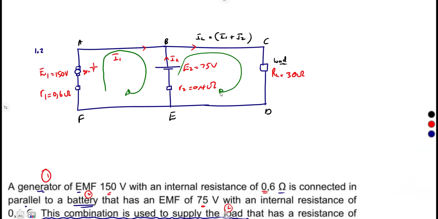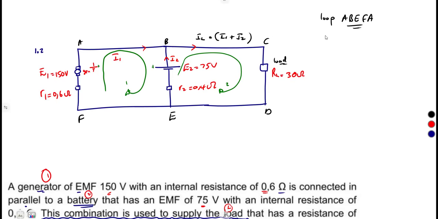So these are the two loops that I'm going to consider, loop 1 and loop 2. Remember, from the generator, the positive is connected to the positive of the battery, so you must be very careful when you consider that loop. The first loop that we're going to use is A, B, E, F, back to A.